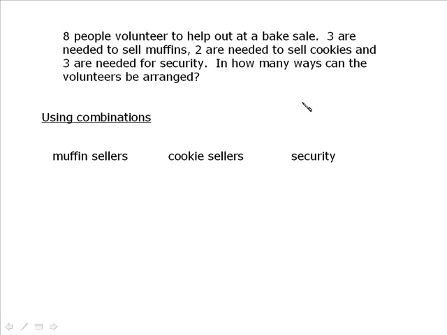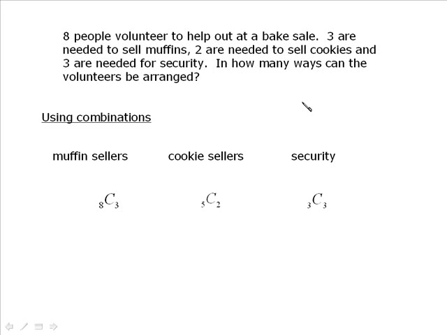In any order, really, it wouldn't make any difference. So for the muffin sellers, we've got 8 people in front of us. We choose 3 of them. 8 choose 3. The cookie sellers, there's only 5 people left, and we will choose 2 of them. And then the security would be 3 choose 3, so just the remaining 3 people.